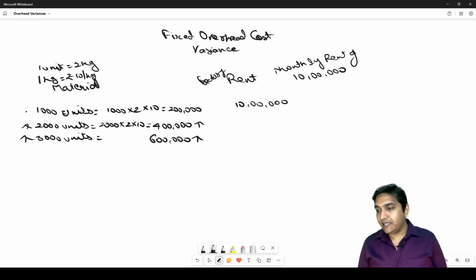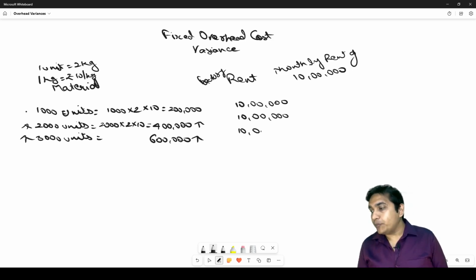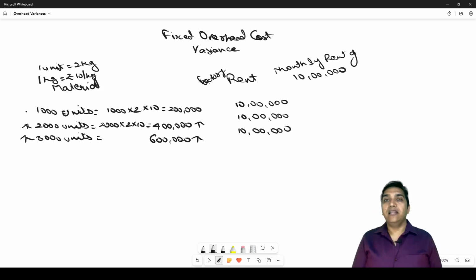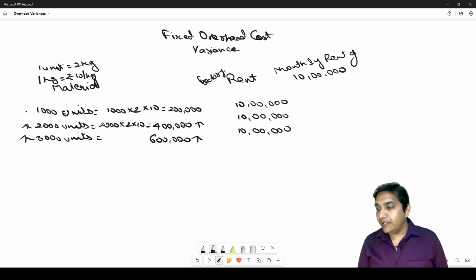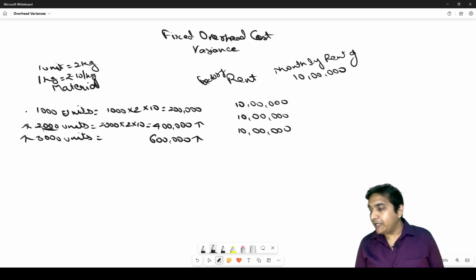If I manufacture 2000 units, again I have to pay 10 lakhs. If I am manufacturing 3000 units, again I have to pay only 10 lakhs. Now if you see here, even though my number of units is increasing, my cost remains constant. And in other words, my cost remains fixed.